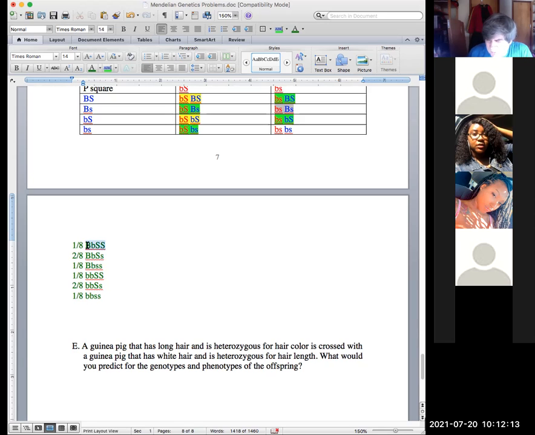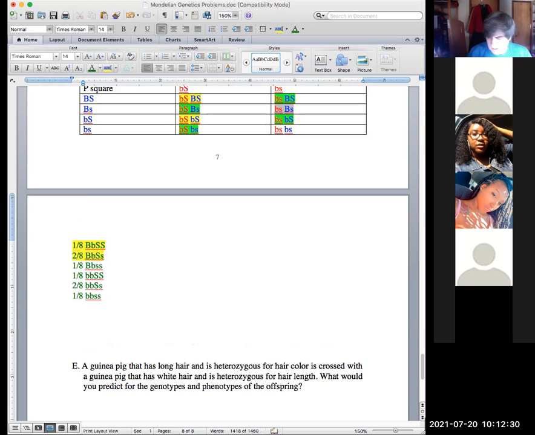So let's think about everything that has a big B and a big S in it. If we look at these ones, they have at least one big B, they have at least one big S. So this means when we look at these, there are 3/8 that have black short hair, because big B gives them black hair, big S gives them short hair.